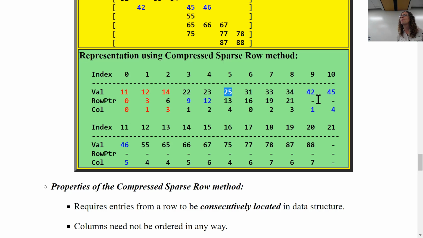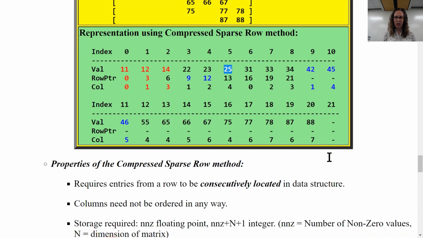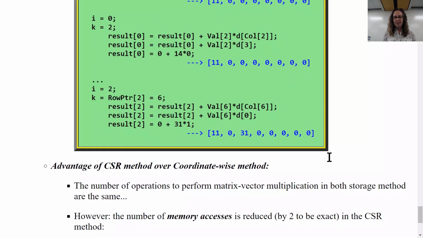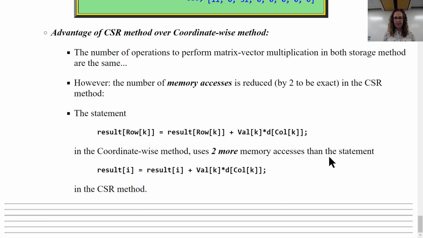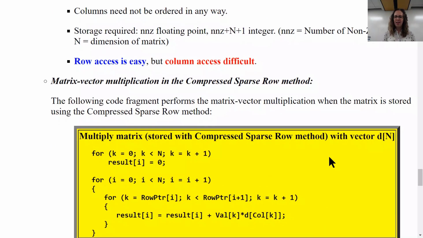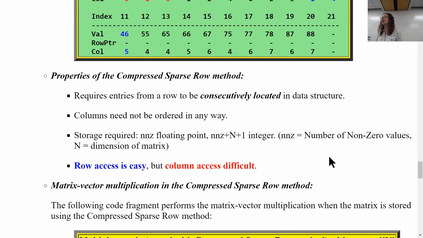Yes? Okay, so there was the question, can we convert the column to a pointer? There is a compressed sparse column method, which is basically the opposite of this.